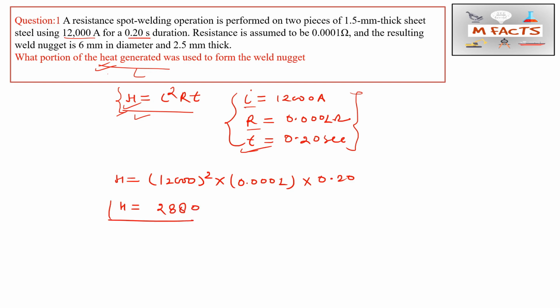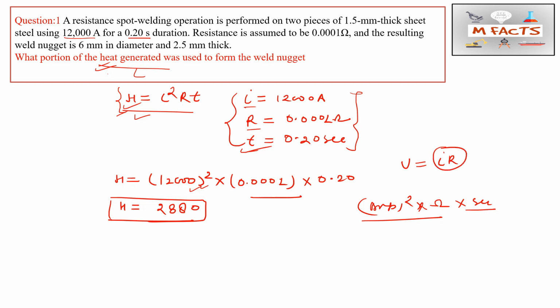Okay, so here we don't know the unit. Suppose I forget the unit in the exam, so what I will do is write the units of these things. I know this is ampere squared, multiplied by R, which is ohm, and this is seconds. I already told you that V is equal to IR, so this is ampere multiplied by ampere into ohm multiplied by second.